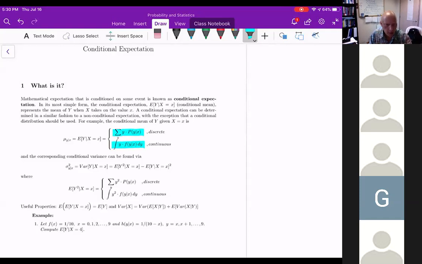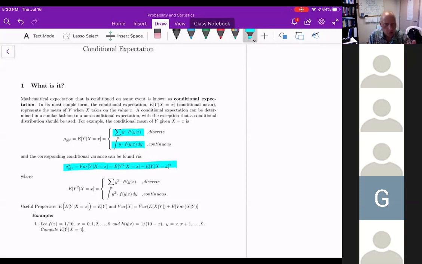I don't put it here, but if you wanted the conditional mean of x given y, you would just flip your x's and y's. So the pattern holds. You can also get variance using a similar idea to what you have been using with the unconditioned versions. So the variance of y given x is the second moment minus the first moment squared.